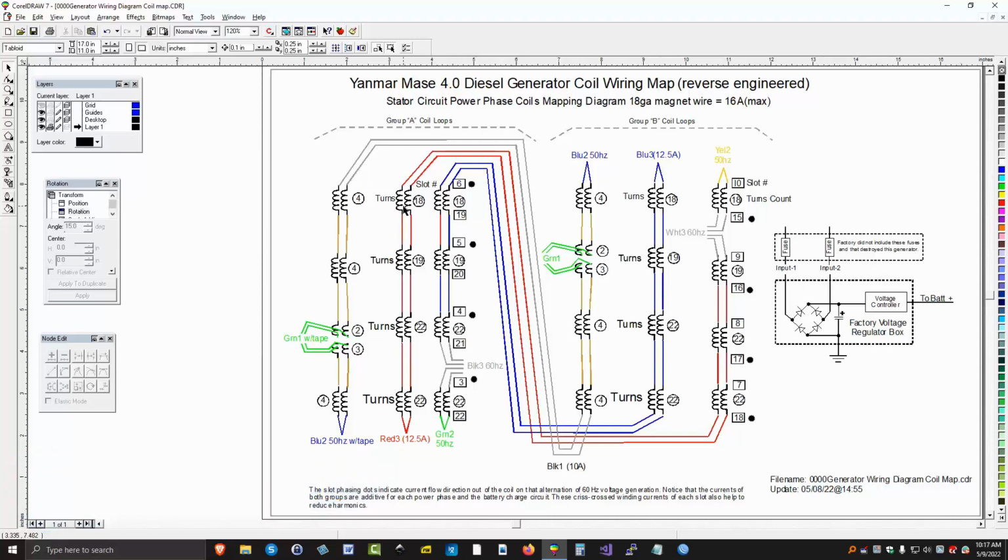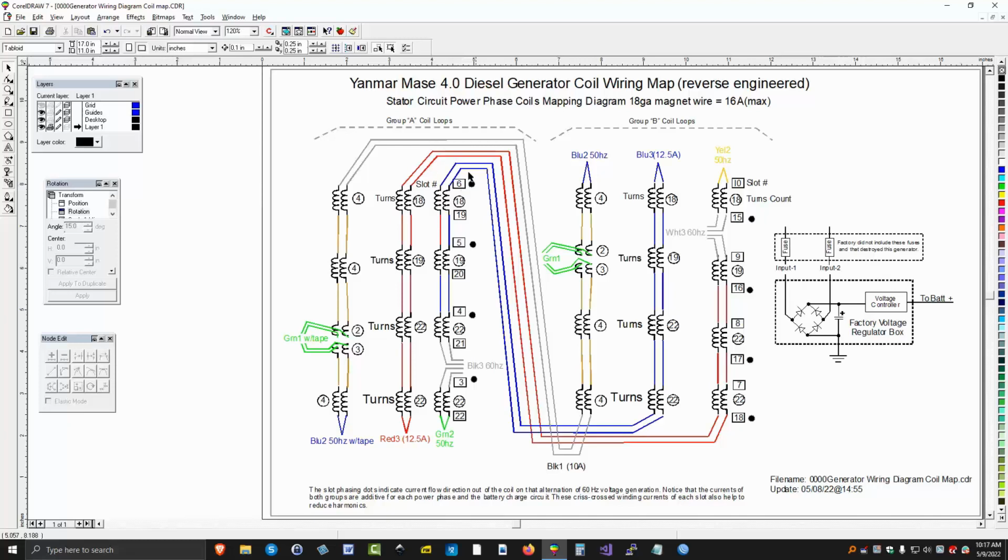What's peculiar though is that when this slot's being cut, it's cutting all three sets of coils here, all three pairs of coils. So it's not like you generate one alternation and you generate the other alternation in different coils. Both power coils get the same alternation, plus or minus.